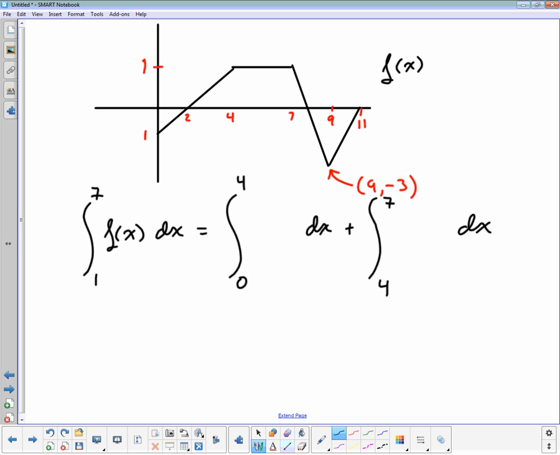So we have, what is my equation here? 1/2 x minus 1. And my other integral, y equals 1.